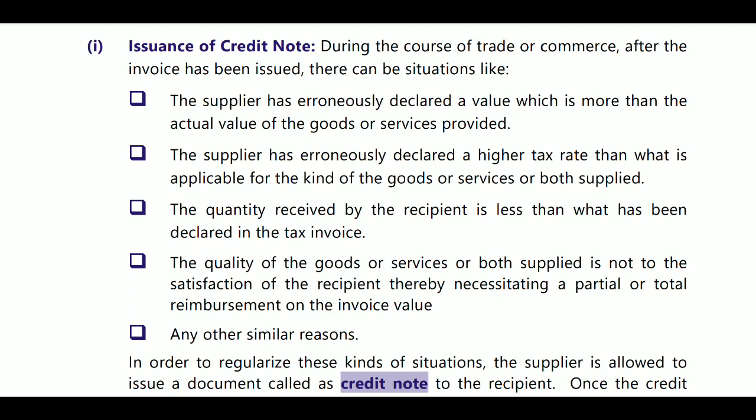And in case the quantity received by the recipient is less than what has been declared in the tax invoice, you showed 10 items in the tax invoice but the recipient received 5 items, so for those 5 items you will issue the credit note. Next, the quality of goods or services or both supplied is not to the satisfaction of the recipient, so the expectation of your recipient is higher.